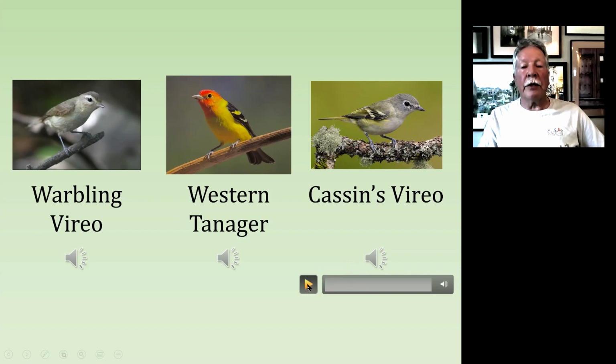So the Cassin's Vireo is very slow. It's almost like he's thinking a little bit between each phrase what he's going to sing next, whereas the others are just going.